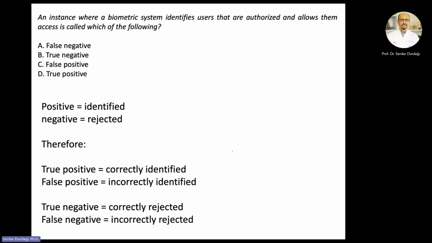So for better understanding of the statistical results, I would like to mention this: an instance where a biometric system identifies users that are authorized and allows them to access is called which of the following? So let's say you have a biometric system that identifies the authorized person, which allows access to the building.